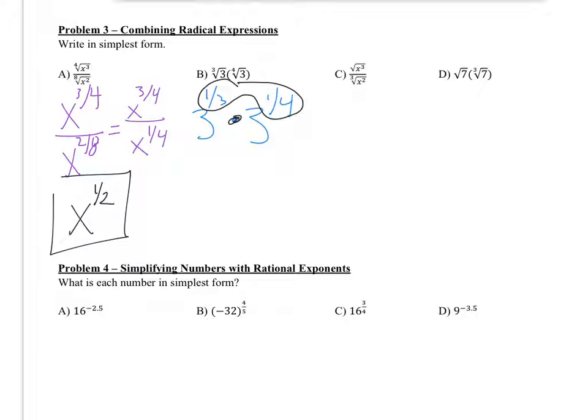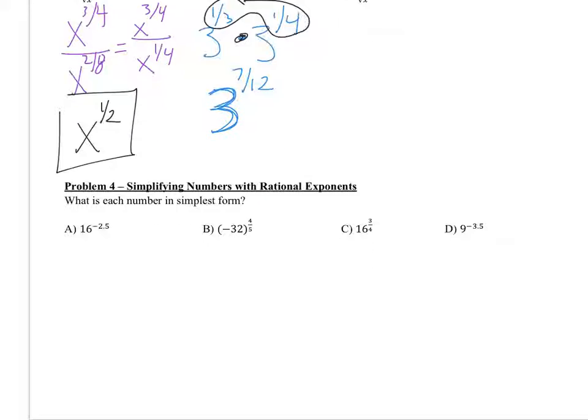The thing you do not want to forget for this problem is my base here is 3. So my answer should have a base of 3. And then I take 1/3 plus 1/4. If you're not good at adding fractions, you can use your calculator. Or else you can come in and I can give you a refresher course on adding and subtracting fractions. So you should pause the video and try C and D by yourself.